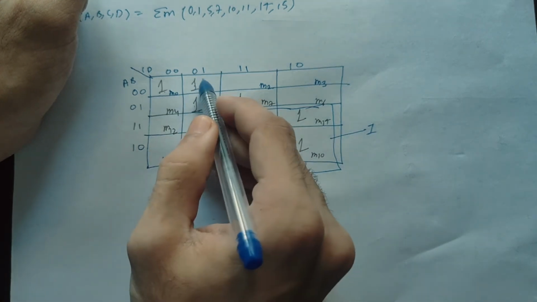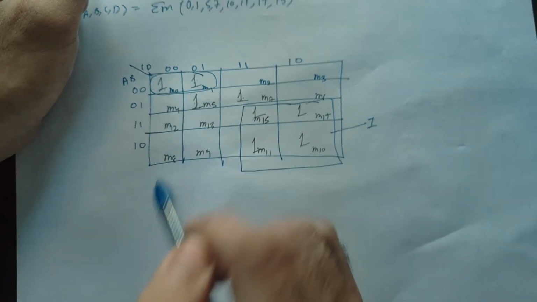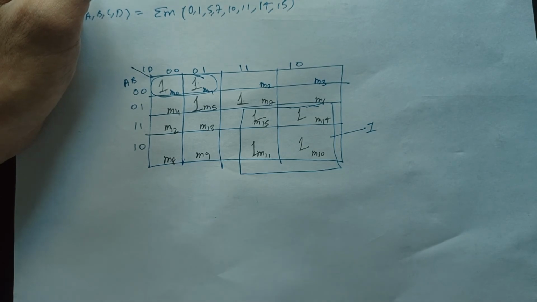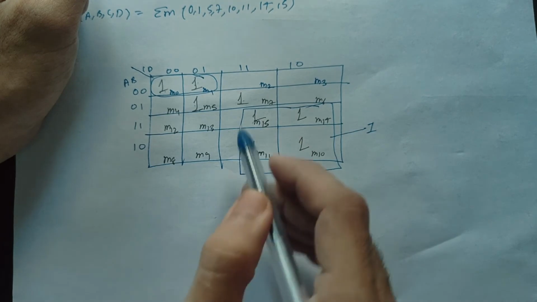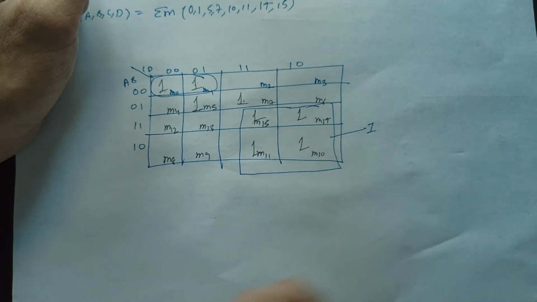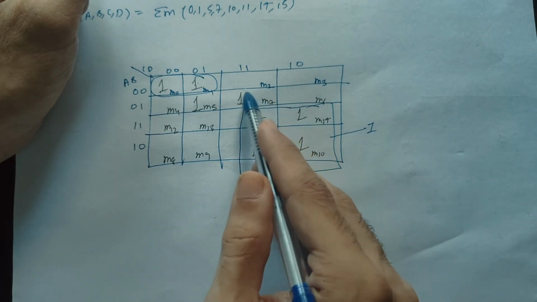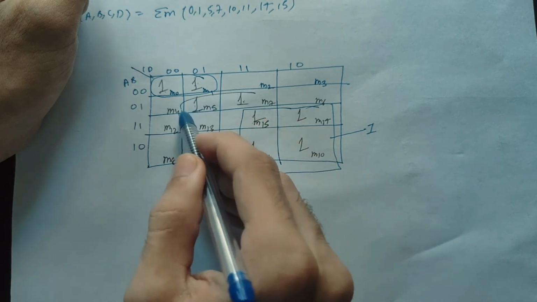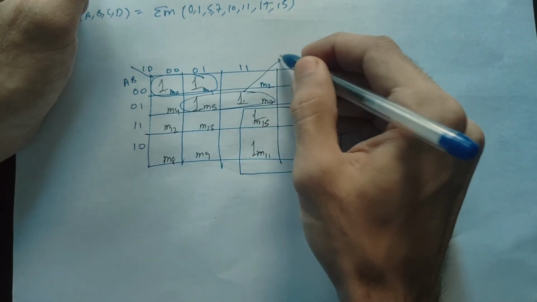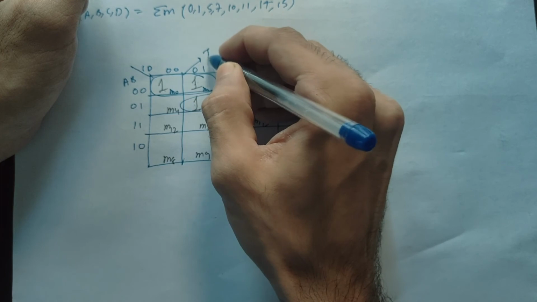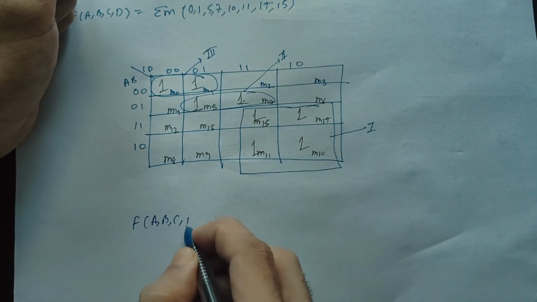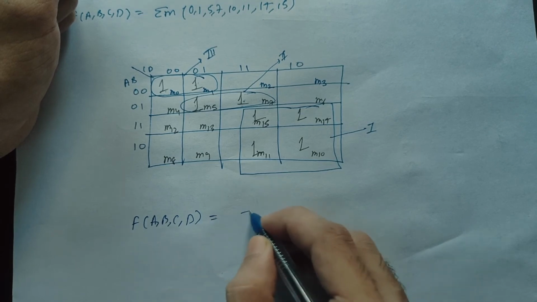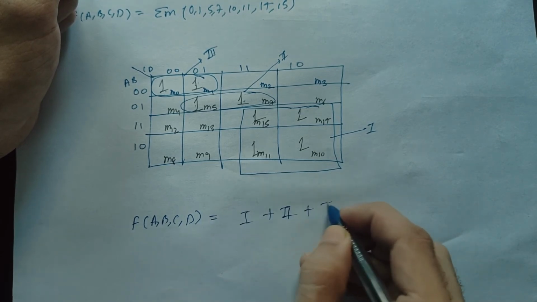So first of all we will make a pair of this one, and now there should not be redundancy, so we will not pair this one to this one but to this one, and also this one will not be paired to this one to avoid redundancy, so these will be paired with each other. So this would be group 2, group 3. So our function F(A,B,C,D) would look like 1 plus 2 plus 3.